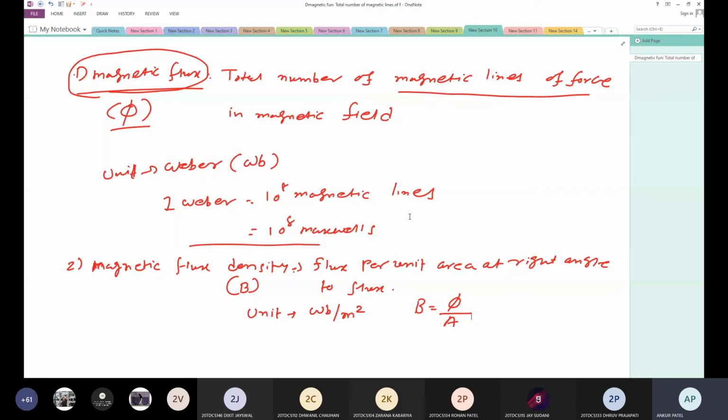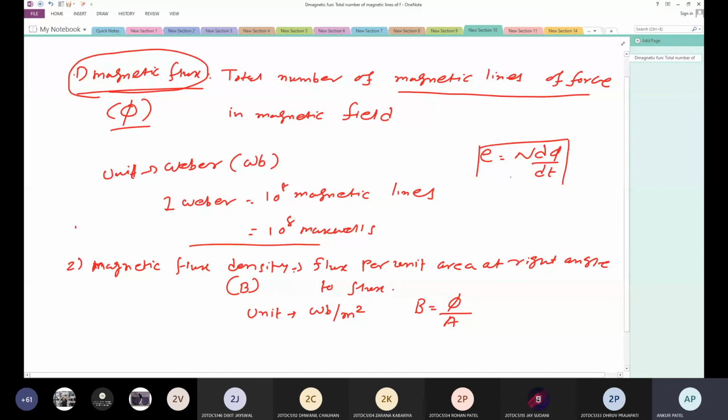Okay. Second, the magnitude of induced EMF in a coil is equal to the rate of change of flux linkages. The second law states that the magnitude of induced EMF in a coil or circuit is equal to the rate of change of flux linkages, or you can write this as e = N dφ/dt.